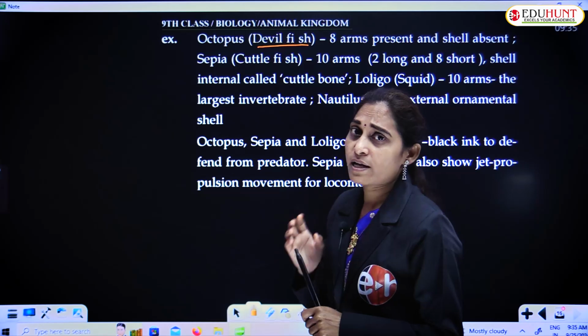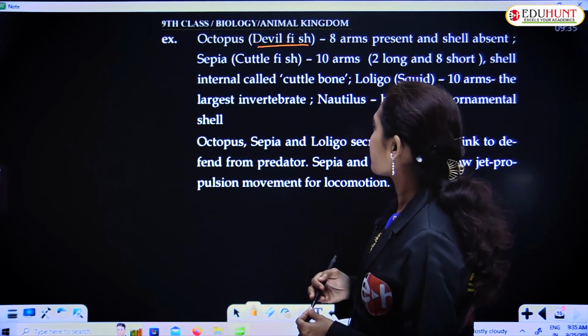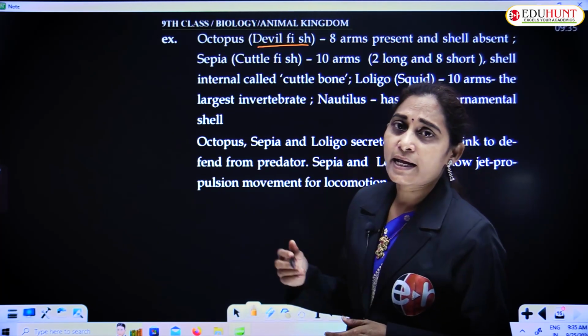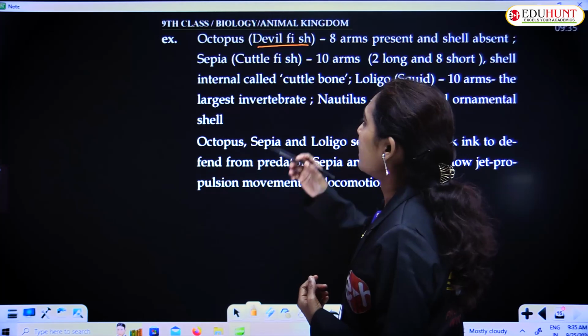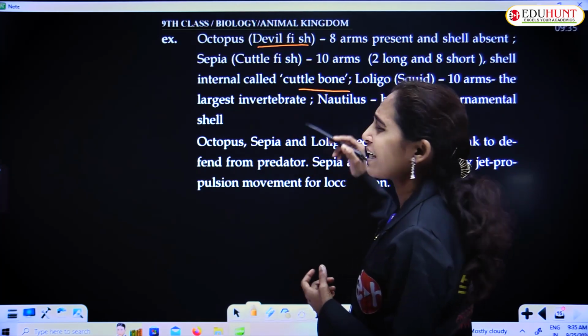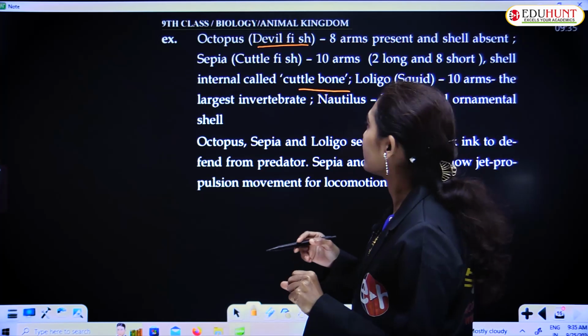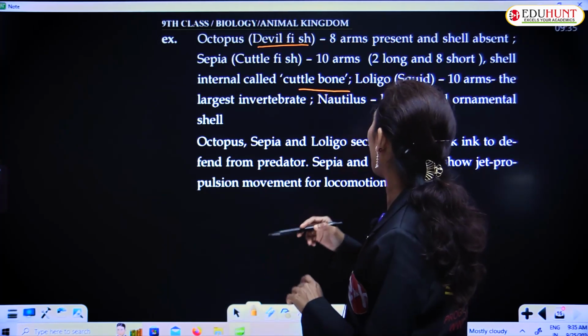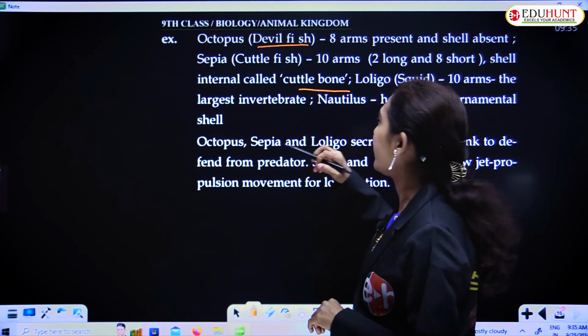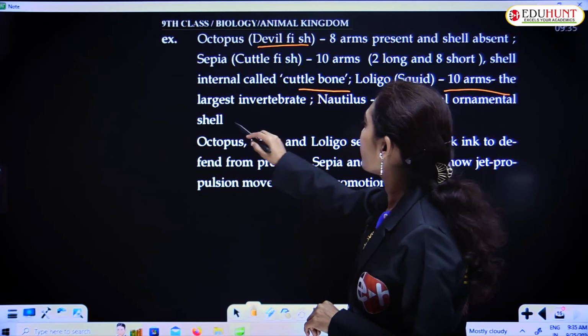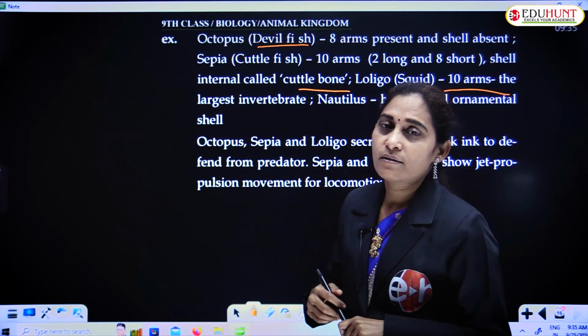Sepia, also known as cuttlefish. 10 arms are there, 2 long and 8 short arms are present, and shell is internal, called cuttle bone. It has a shell, but it is present inside the body. Loligo is called squid, with 10 arms, the largest invertebrate.